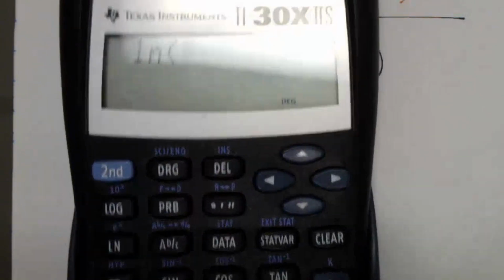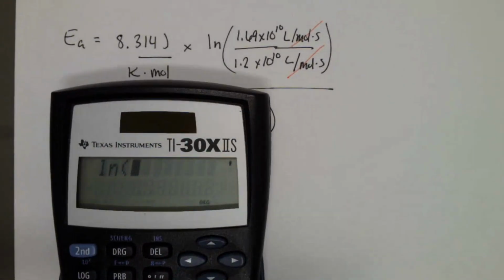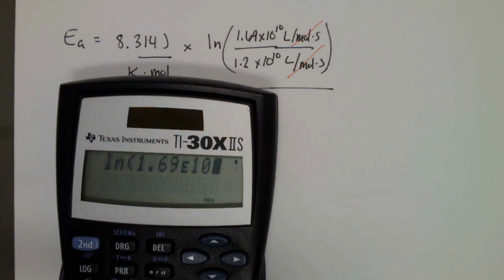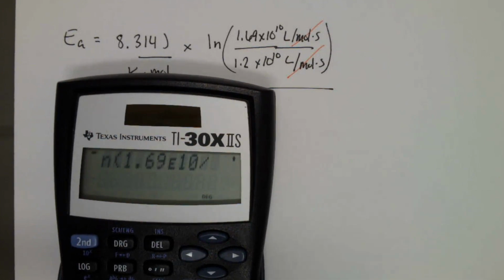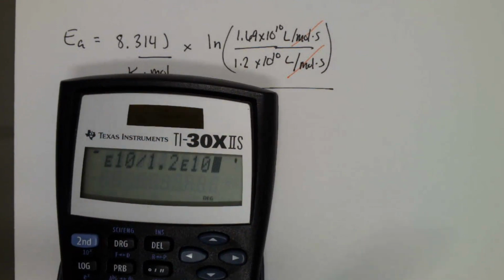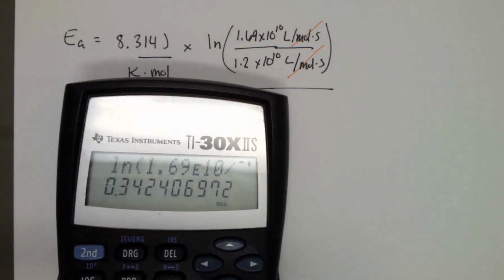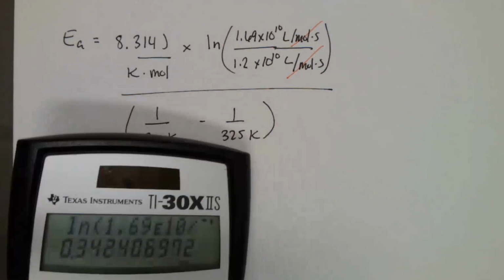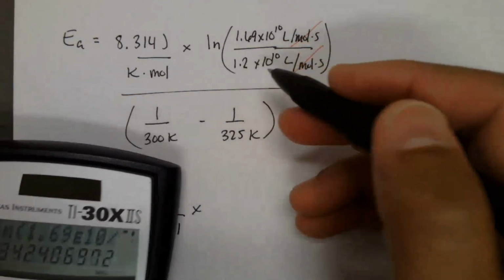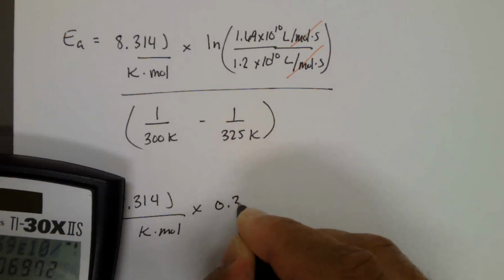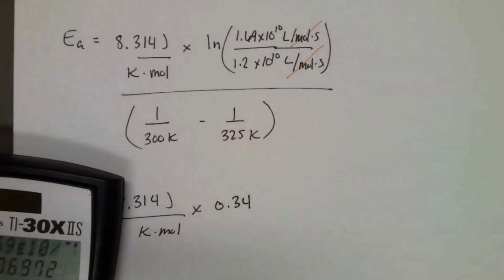So I'll press ln and just plug in the ratio, 1.69 times 10 raised to the 10 over 1.2 times 10 raised to the 10. So to two significant figures, this turns out to be 0.34. Now this is just a number. Remember, those units cancel.